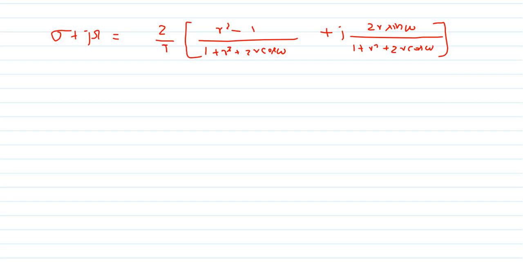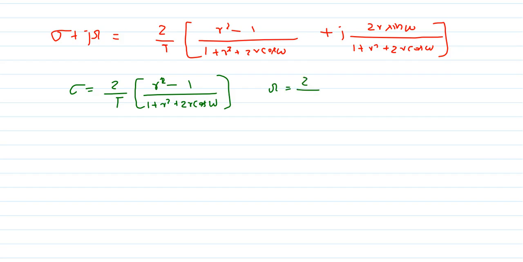Now we can correlate these two and find that sigma is equal to 2/T times (r² − 1)/(1 + r² + 2r cos ω). Similarly, omega is equal to 2/T times 2r sin ω/(1 + r² + 2r cos ω). Okay, so we have got sigma and omega.